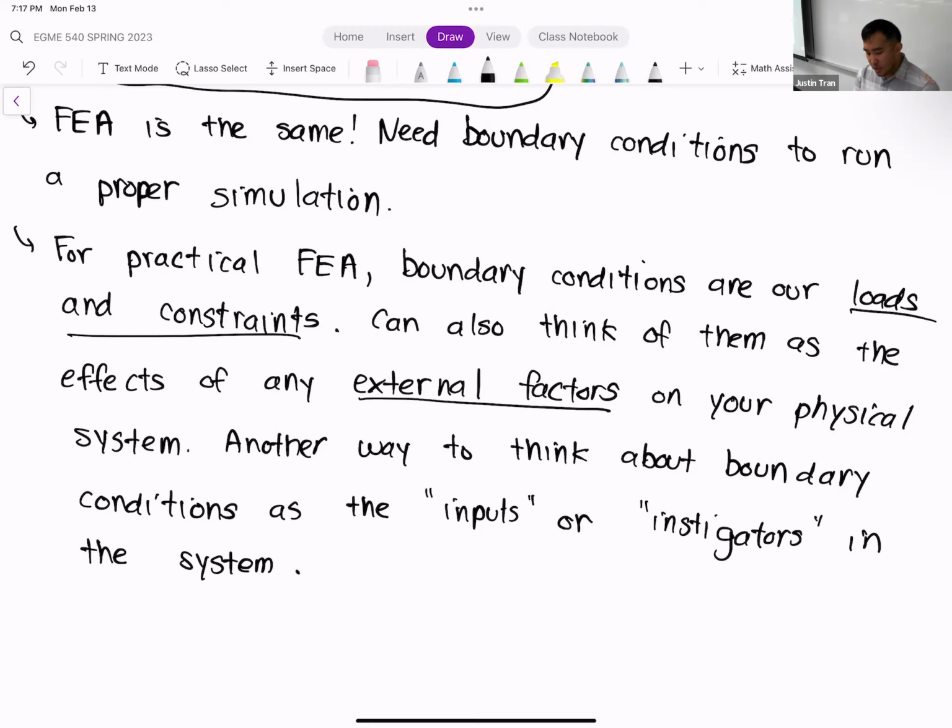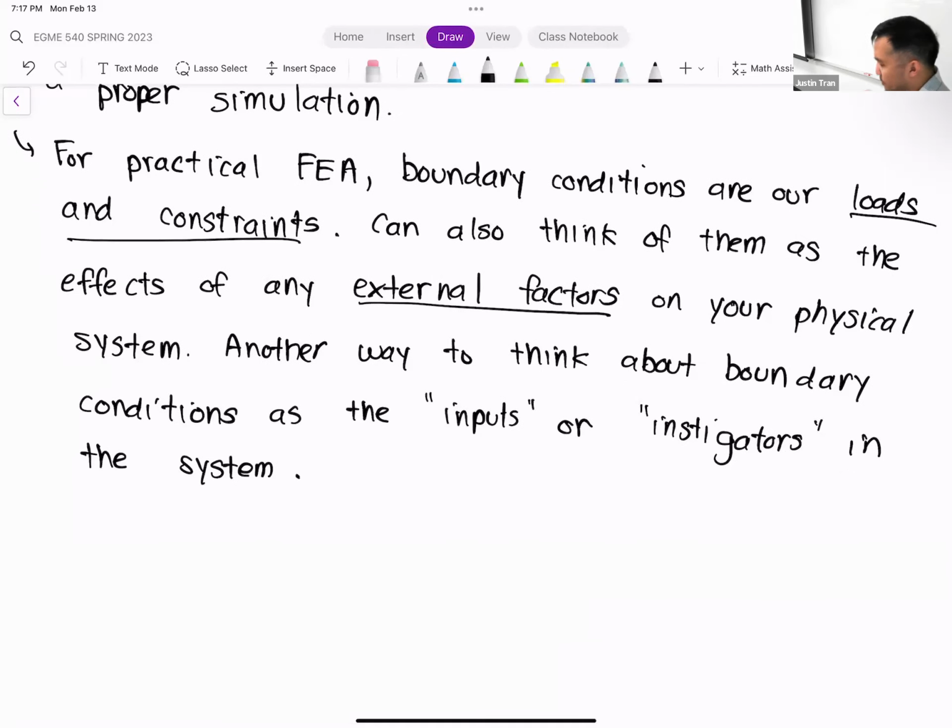This last interpretation is interesting, and it's the way a lot of people think about FEA in general. When you have a physical system, you can think of what you observe as the simulation results as the system's response to the boundary conditions, that is, the response to the loads and constraints.